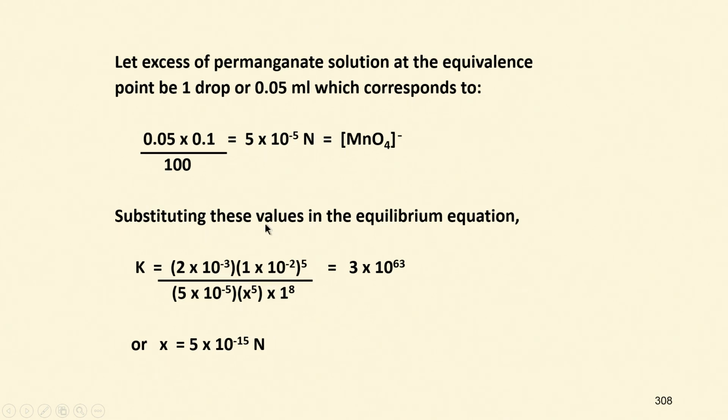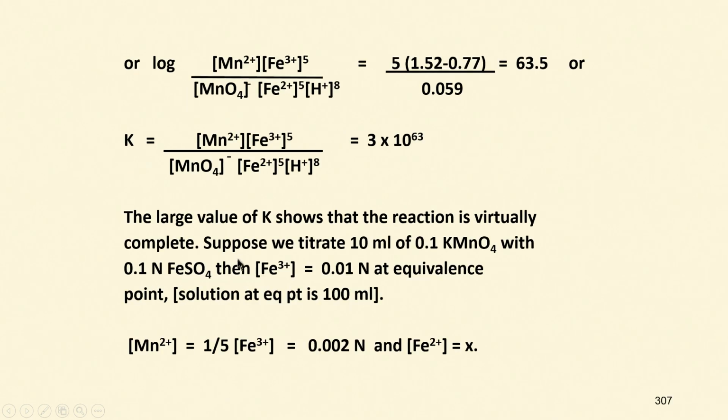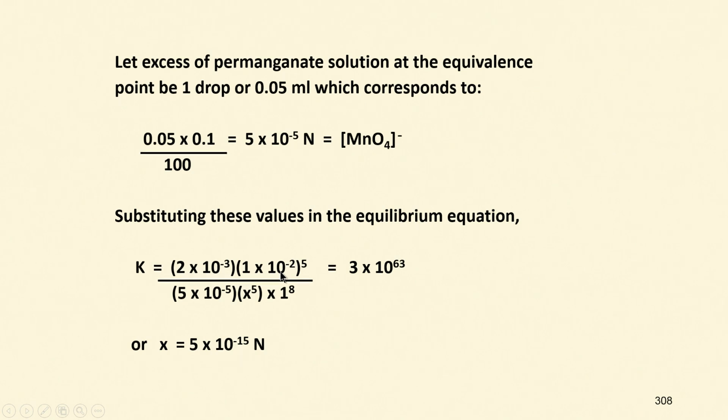Substituting these values, manganese 2+ is 2 into 10 raised to minus 3, and this is 1 into 10 raised to minus 2 raised to 5, that is ferric.